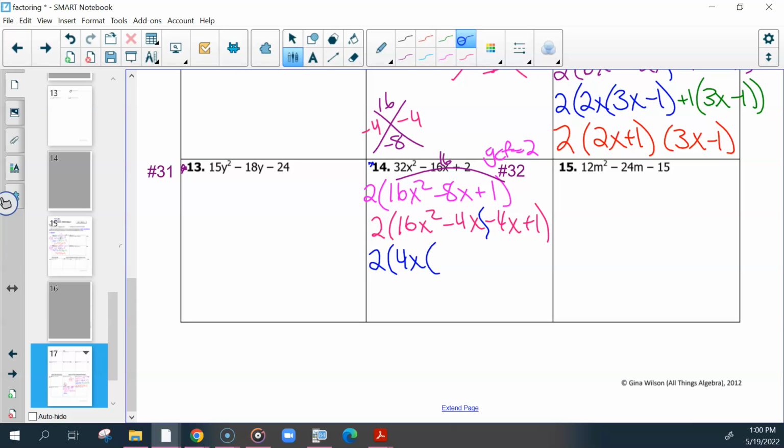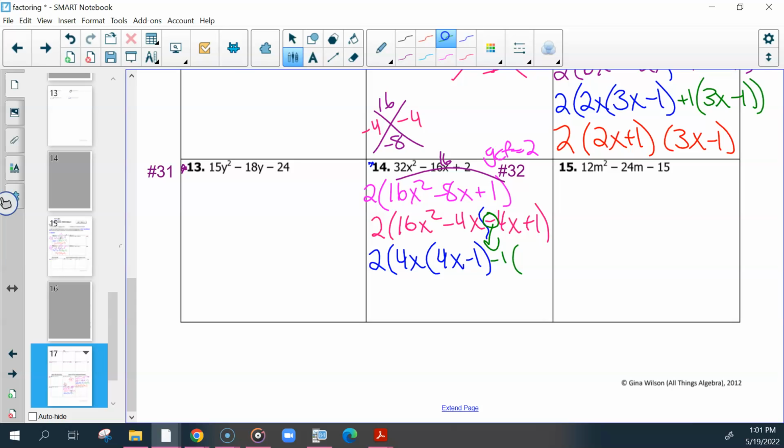If we divide 4x out of both of these, what's left? 4x minus 1. What could we divide out of the last 2? 1, but it would be negative. So if we divide out a negative 1, what would be left?